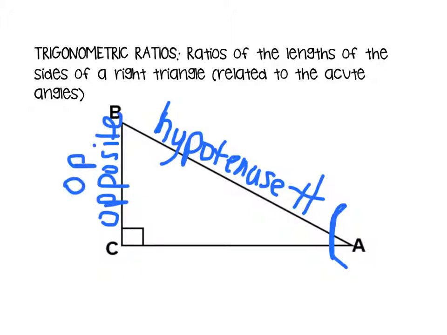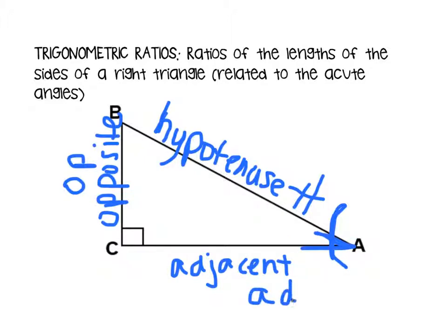for short. Then your adjacent side is side AC. It's the side that's actually helping to make that angle right here. I normally label that one A or ADJ. The thing to remember, though, is that opposite and adjacent is relative to the angle that you're working with.